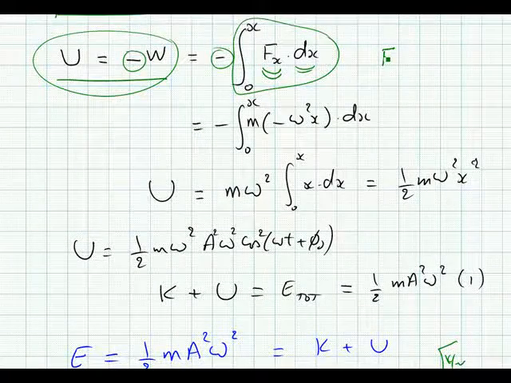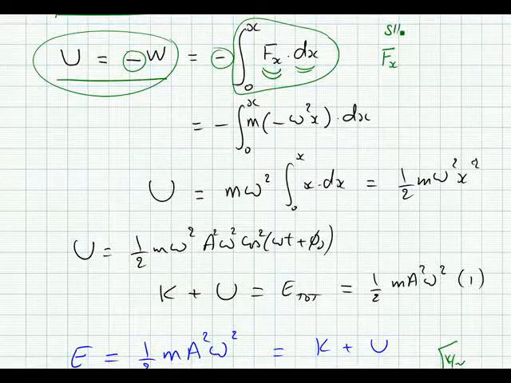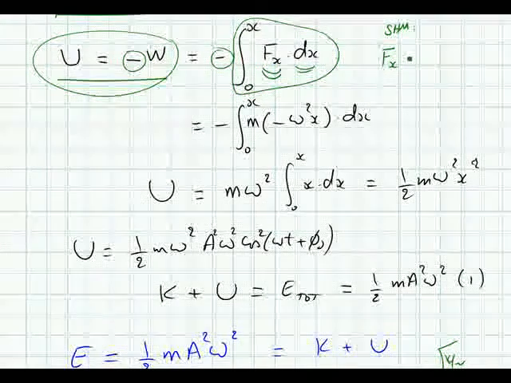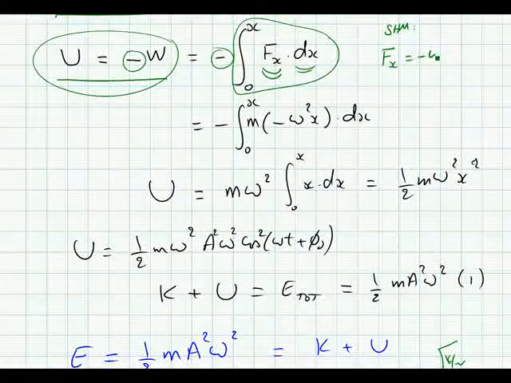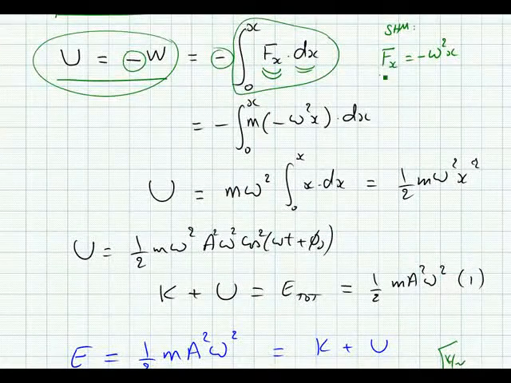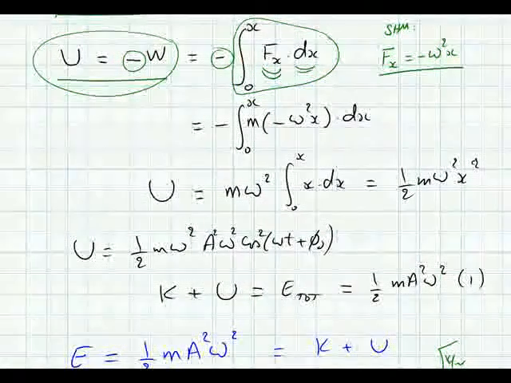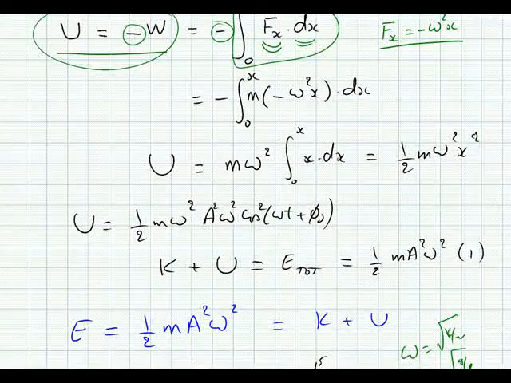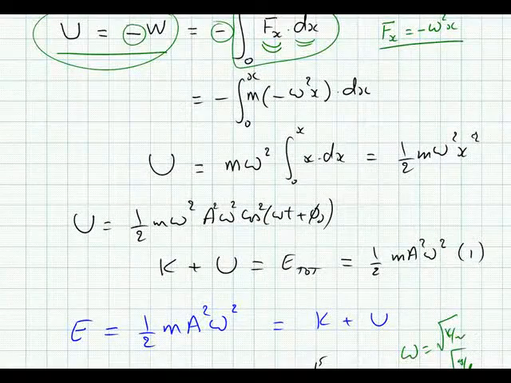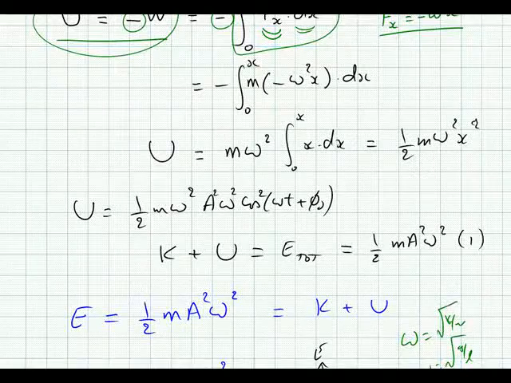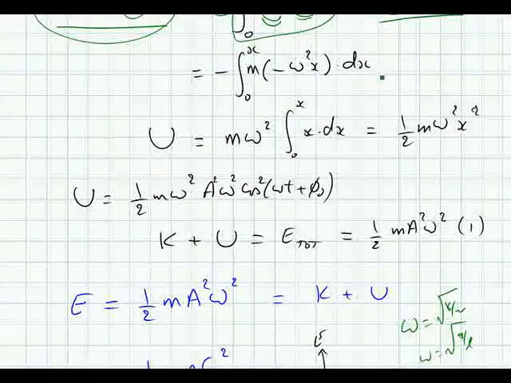And we said that this force for a simple harmonic motion is equal to minus m omega squared x, as we saw up there. So simply substitute that in and evaluate this integral.